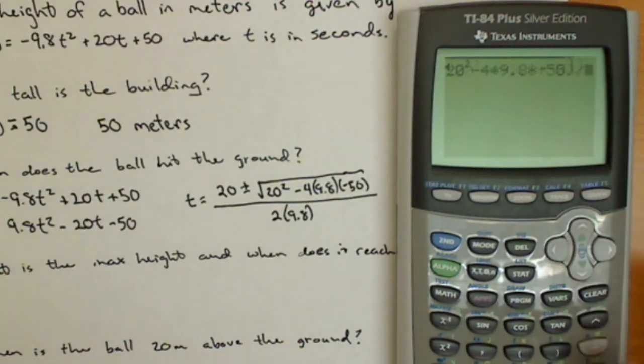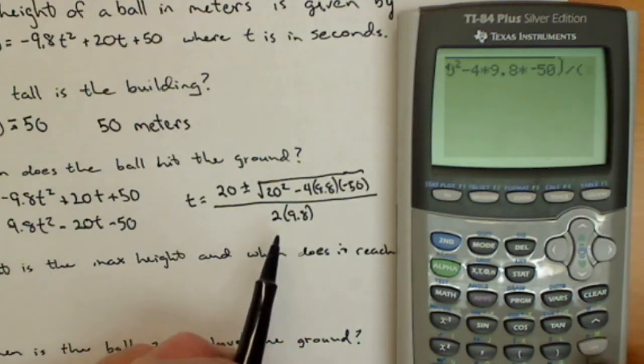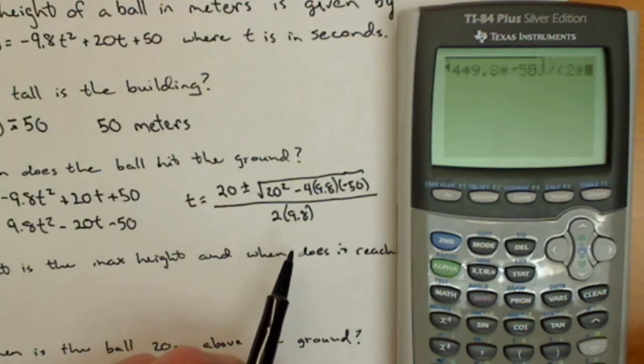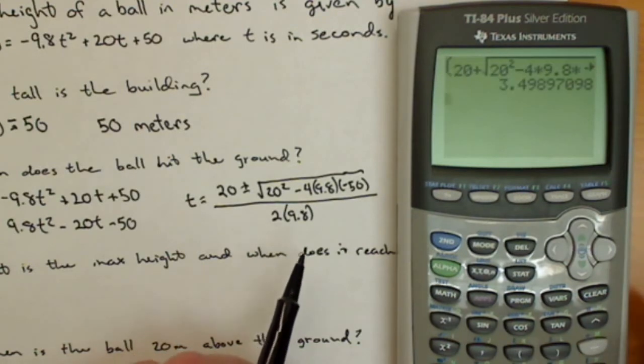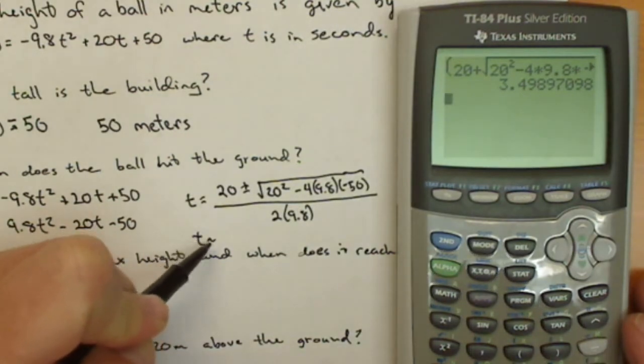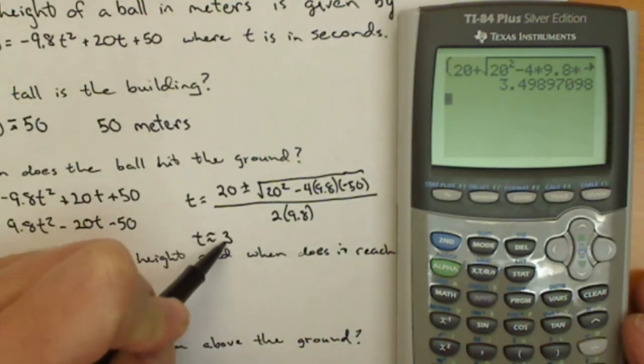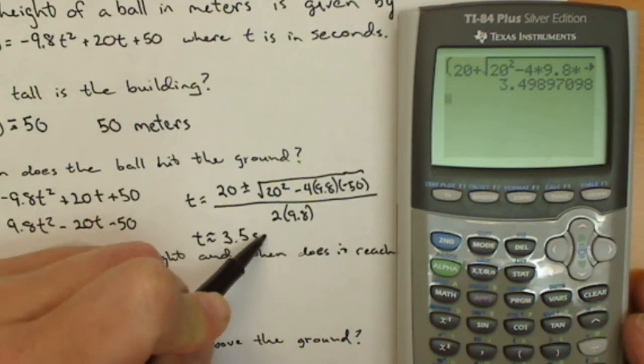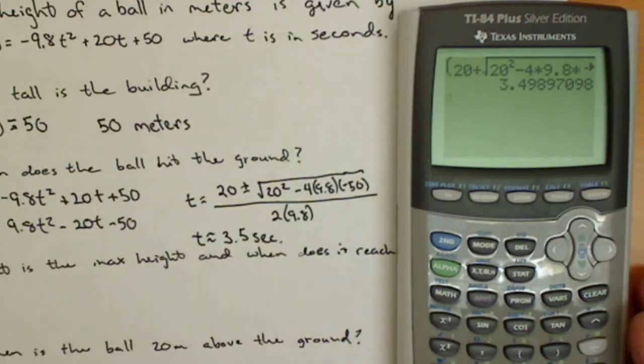There's our numerator, divided by. Now, because I have the denominator written, I do need to put it in a set of parentheses, 2 times 9.8. And I see that one of my values is, t is about 3.5 seconds. It's going to land.